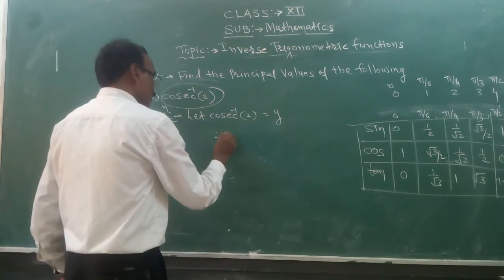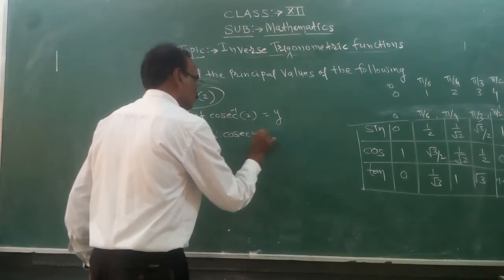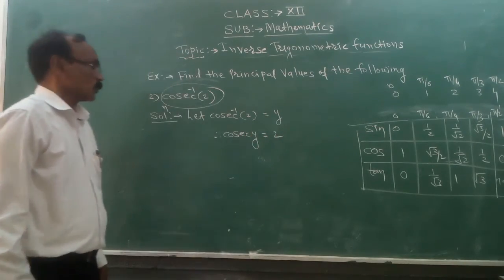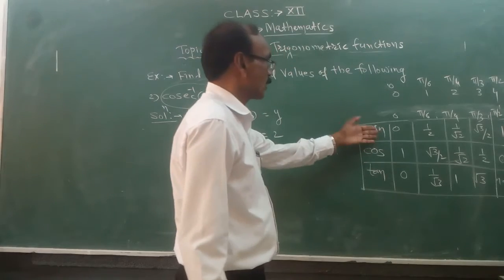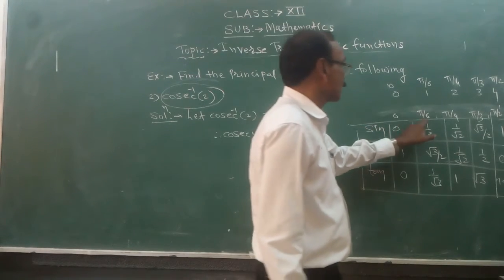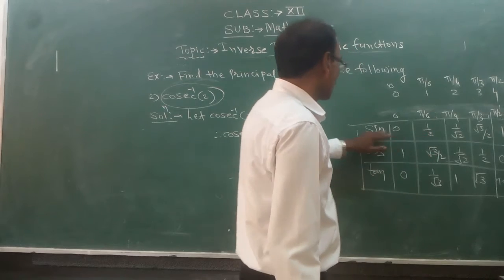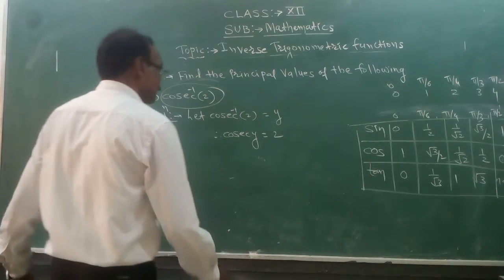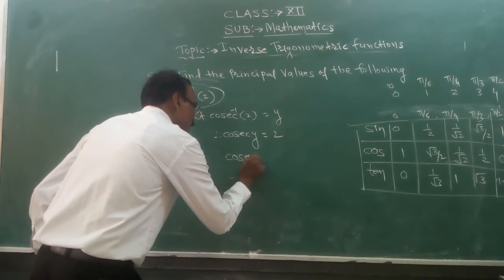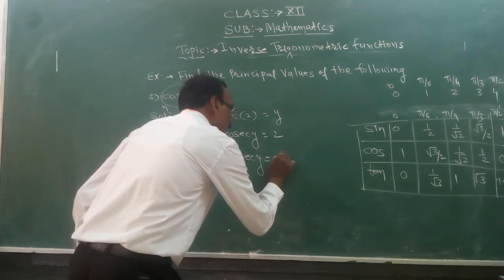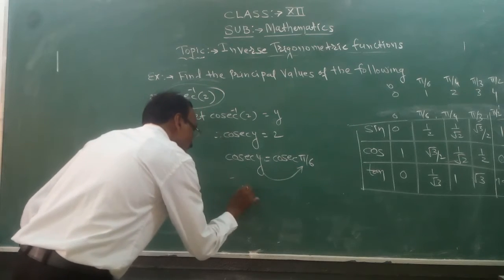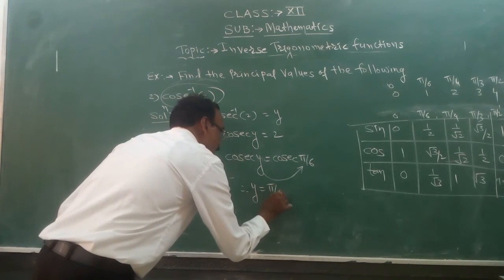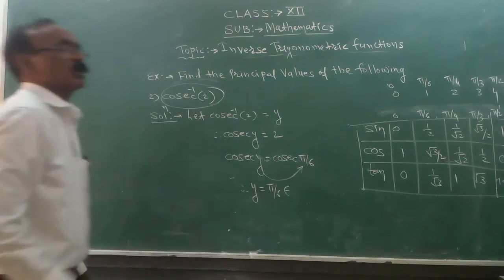Therefore cosec y equals 2. Cosec is the reciprocal of sine, and sin pi by 6 is 1 by 2, so cosec will be 2 for pi by 6. Therefore cosec y equals cosec pi by 6, so y equals pi by 6.